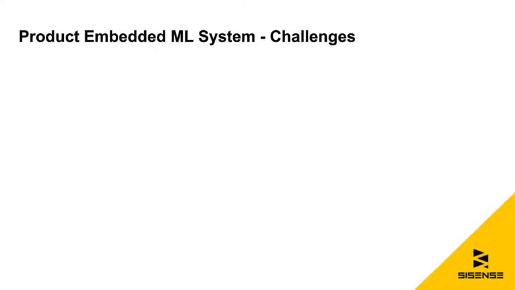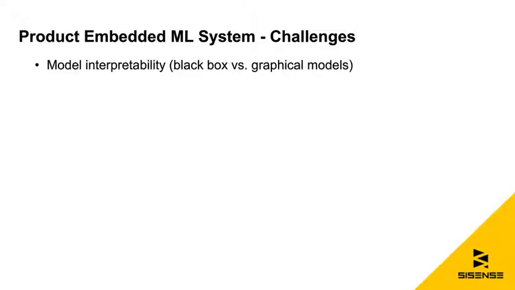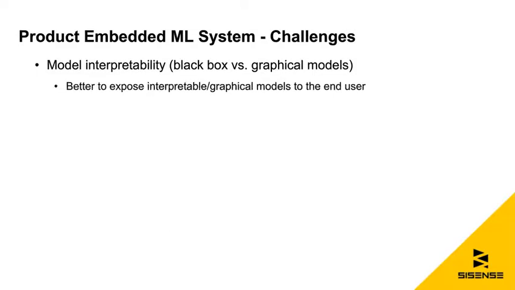Let's move on and talk a little bit about graphical models versus black box. So in my experience in science, it's better to expose models that the user will understand. Usually these models are graphical, or if you could visualize the models or the processes that the models undergo, this is better.